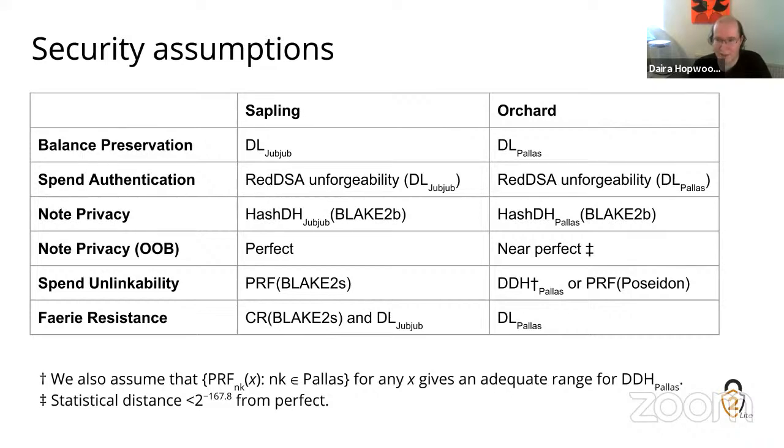And that's similar to what was called, I think they called it everlasting security in the Zcash paper originally. And then Faerie Gold resistance, again, that's only dependent on discrete log. Okay, next.